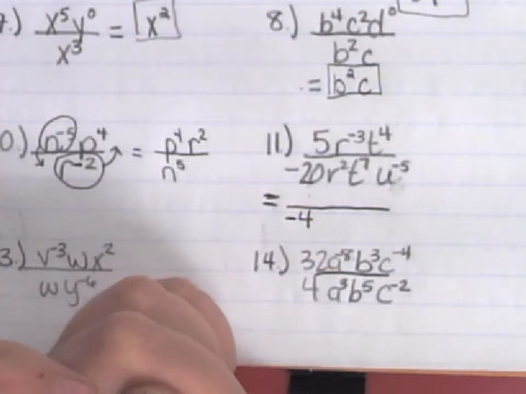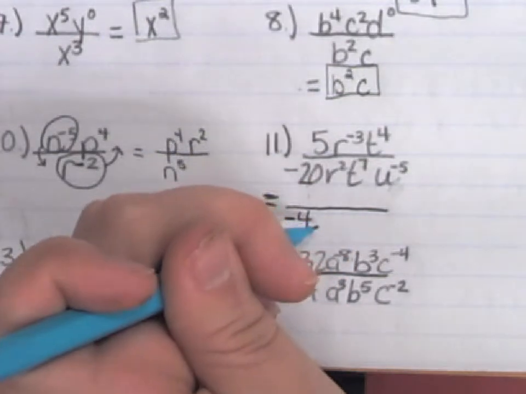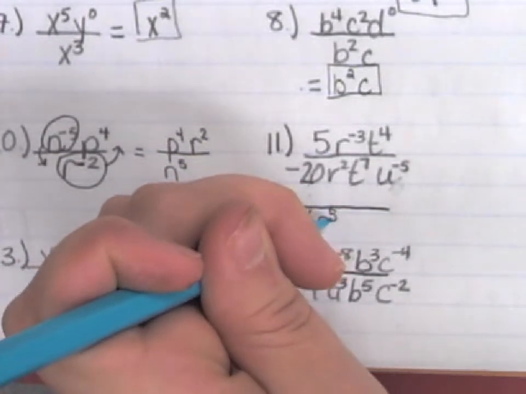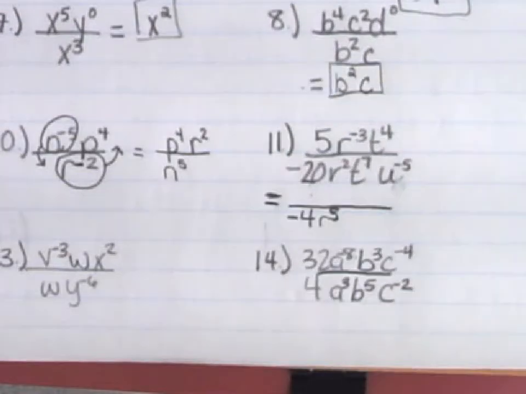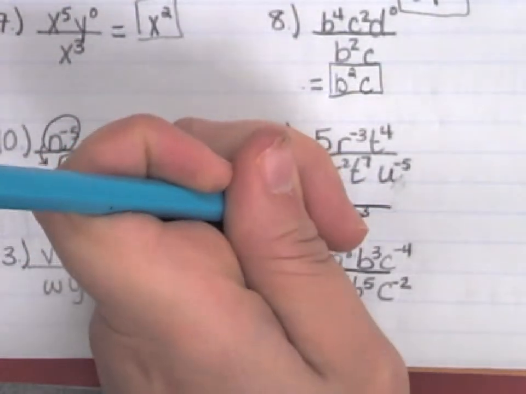Where's that 5 going to go? On the top or the bottom? Bottom, because that's where the 2 was. So now you already dealt with that one negative. Beautiful. Okay, T's. You got multiple T's. Which one's larger? 7. When you do the subtraction, what do you get? Where's it going to go? Bottom again. We're real bottom heavy right now.